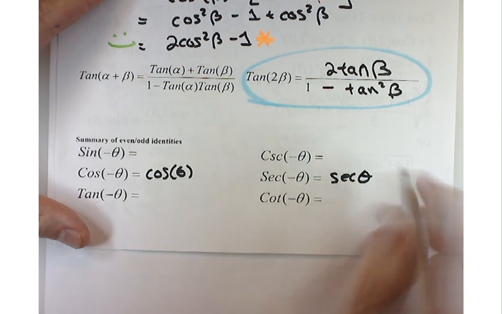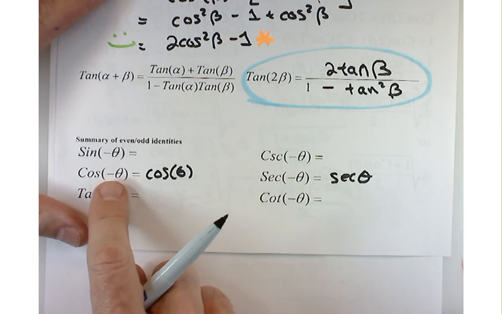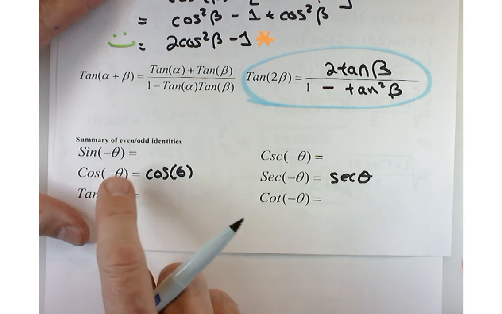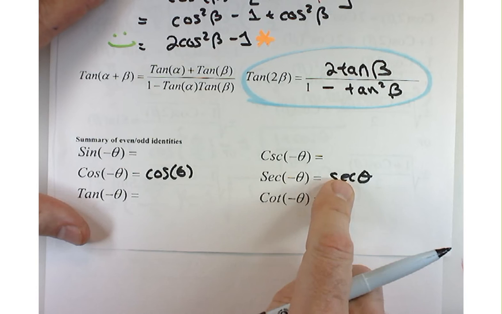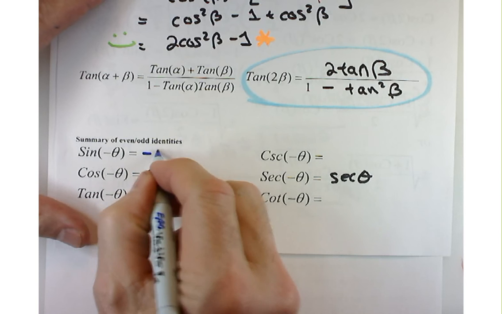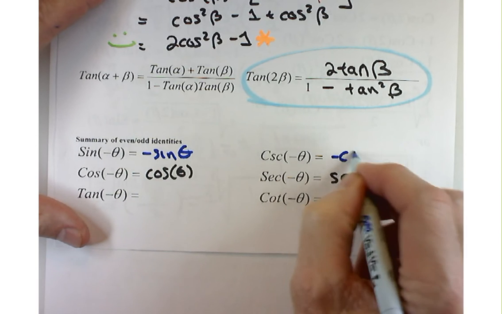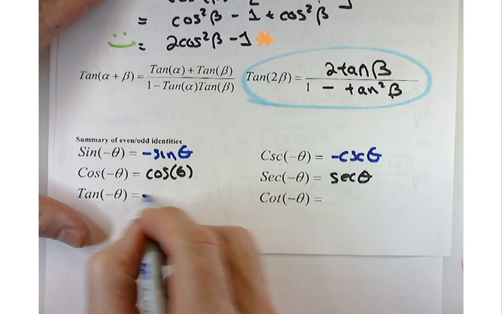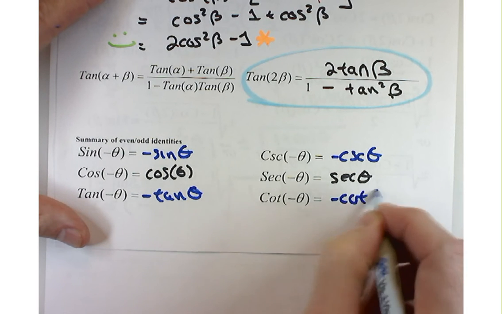These are the only two even functions. Doesn't matter if you take the cosine of negative pi over 3 or the cosine of pi over 3. You're going to get the same thing. Same thing with the secant. With the rest of our trig functions, these are odd functions. So the negative comes out. That's negative sine of theta, negative cosecant of theta, negative tangent of theta, and negative cotangent of theta.